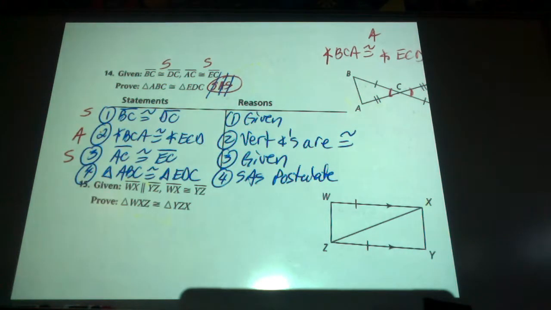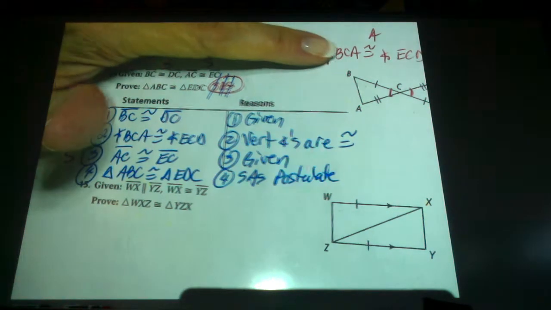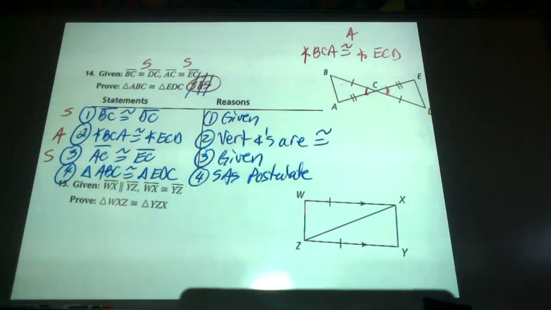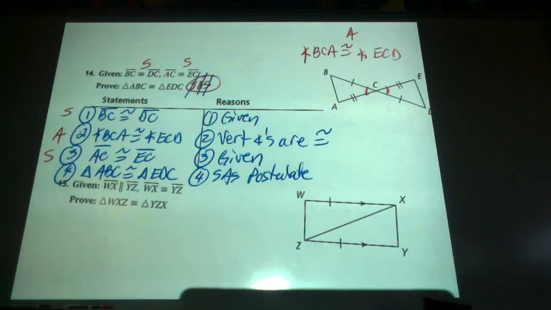You have an idea of where to go, and you have an idea of exactly what order to go in. These are the easiest proofs you're ever going to do, because you know the progression, the order the proofs go in. The problem is you have to figure out what else you can prove. And so it shouldn't be that difficult right now. You're either going to have sides that they share, or you're going to have vertical angles, or something interesting like that.